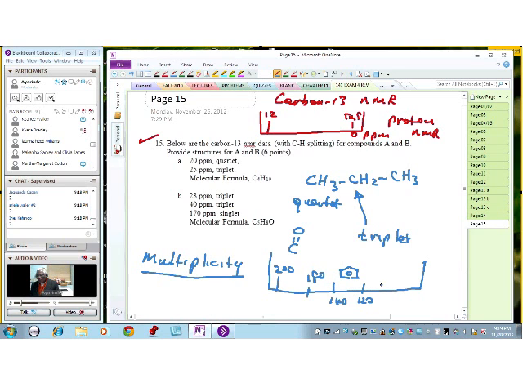The other types of carbon, depending on whether they are attached to an electron-withdrawing group or not, you find them somewhere between 0 to about 120. So anyway, that is just to give you a background as to the chemical shift information on carbon-13. Okay, I haven't said that. Let me take this out.